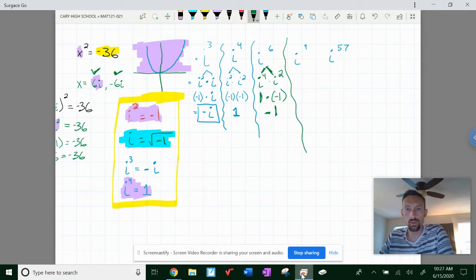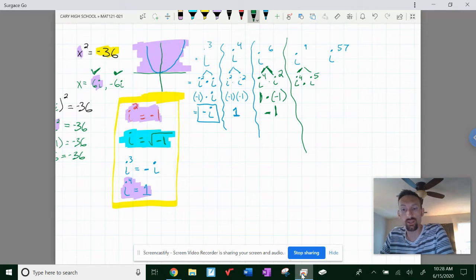Okay. i to the 9th, I'm going to have to break this off into i to the 4th. Again, i to the 4th is my favorite, so I'm going to use that as often as possible. And then this will be i to the 5th. Now, I don't have in my table i to the 5th, so I'm going to keep breaking that down further. Again, you can do i squared times i cubed.